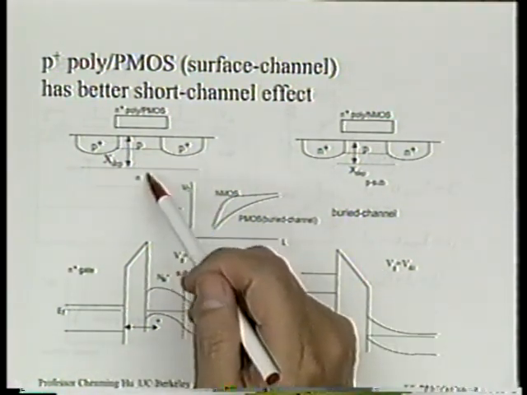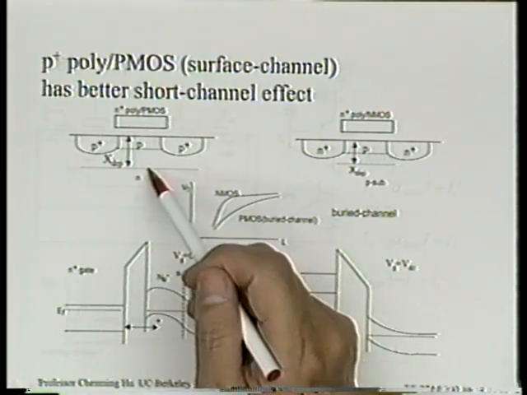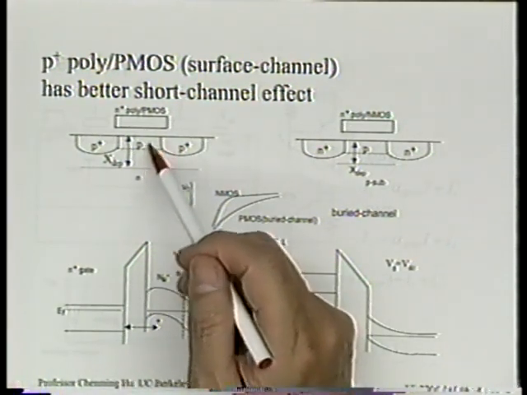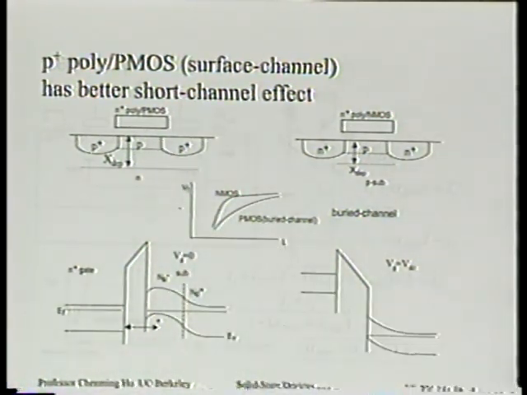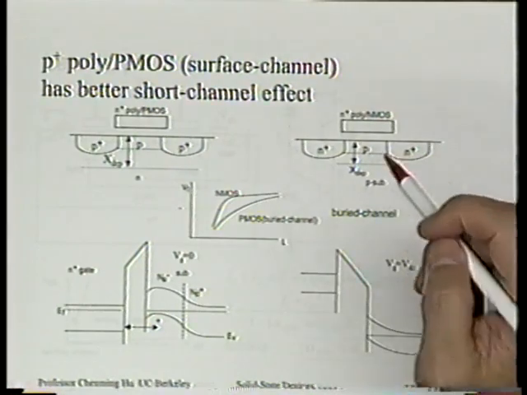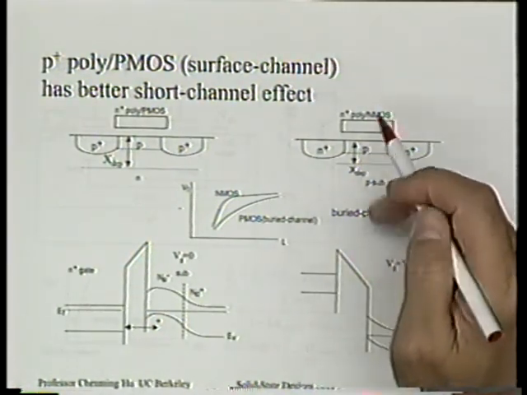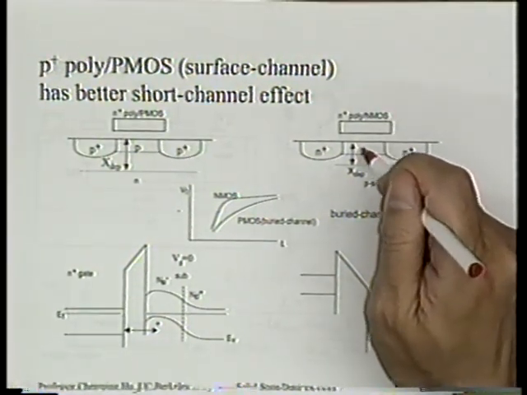And then you add this depletion, and part of the N is depleted, P is also depleted, so you just have a larger depletion region thickness. Is that right? Whereas for the N-channel transistor, in fact, I probably should take this away just not to confuse ourselves.